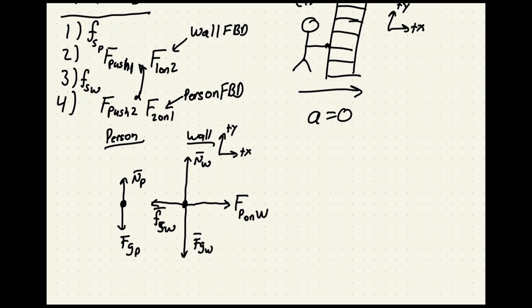At the same time, when the force of the person pushing on the wall is being exerted, the equal but opposite F of wall on person, again, this is on the person, and so it is on the person's free body diagram, will be exerted in the opposite direction on the other object, and so we'll have a friction force.